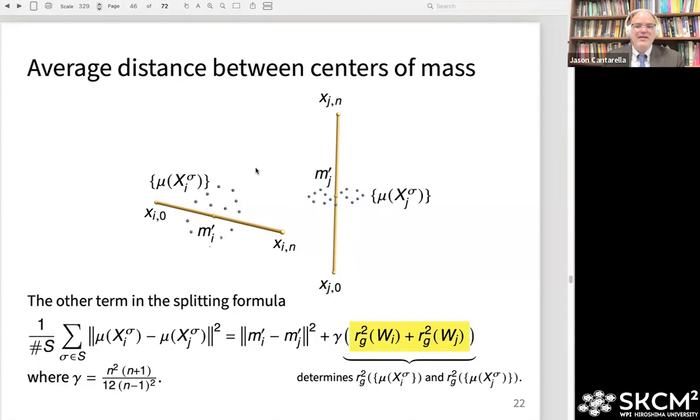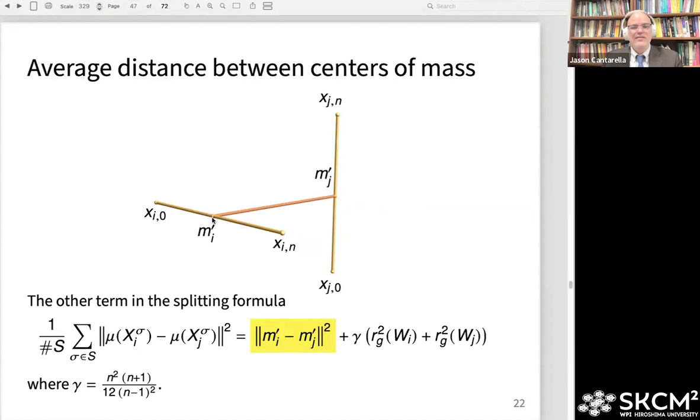It depends on the radius of gyration of the points on the left, the radius of gyration of the points on the right, but those in the end are determined by the radius of gyration of the corresponding edge displacement groups and the squared distance between the midpoints themselves. Again, there's a coefficient, but again, it only depends on the number of subdivisions, not on anything geometric.